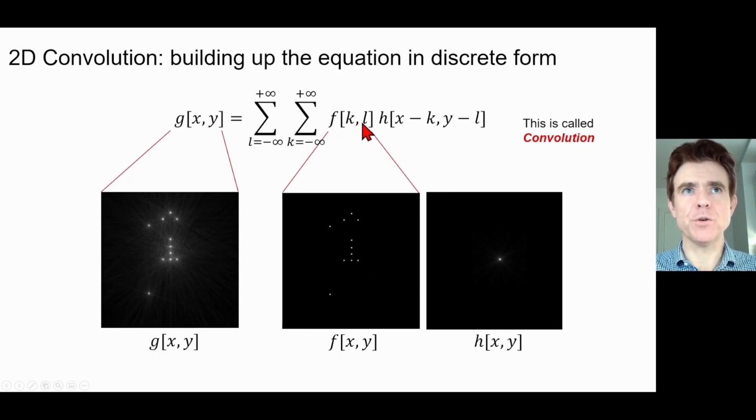And then when we visit those kl positions inside here, we look up the value f. We use that value f as a scaling factor, a weighting factor for h of xy, shifted to position k and l of that point object, sum it all up for all of the point sources. And that's how, for example, if this is the collection of point sources, that's how we get this superposition of point spread functions in the output.